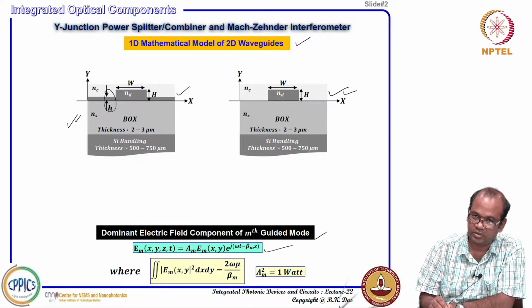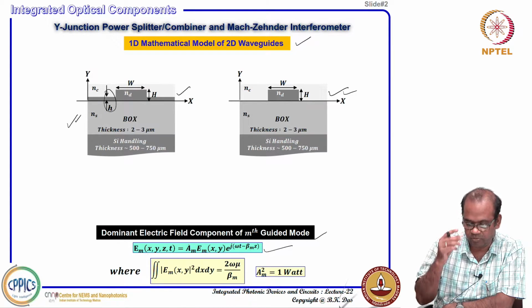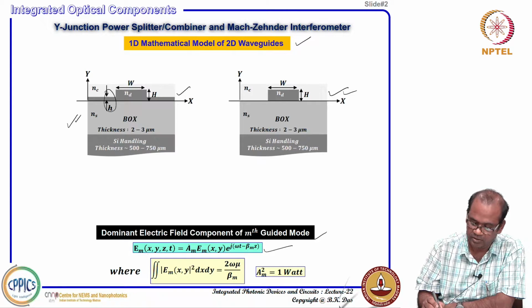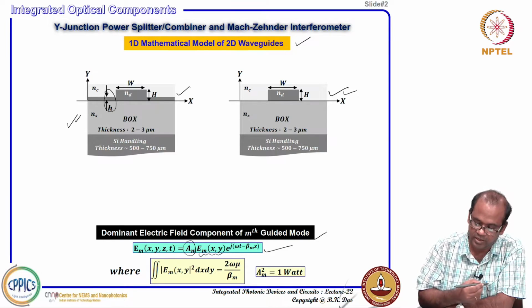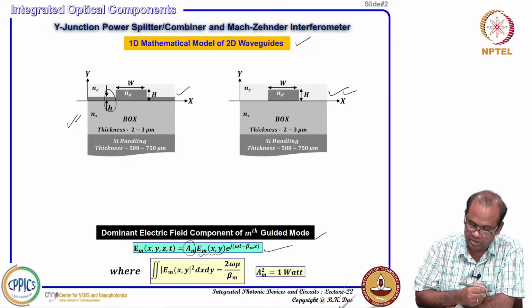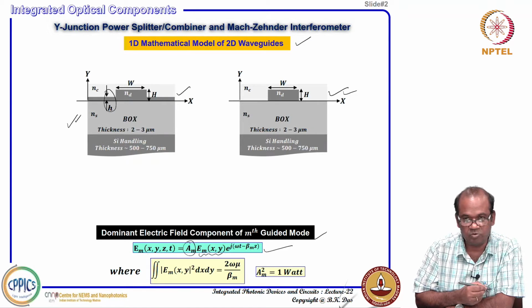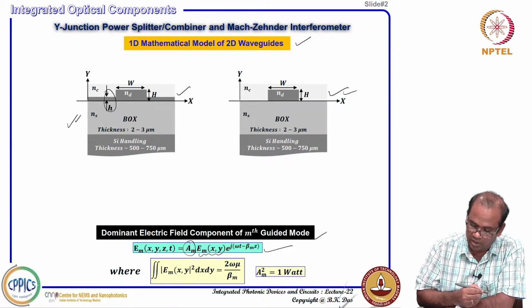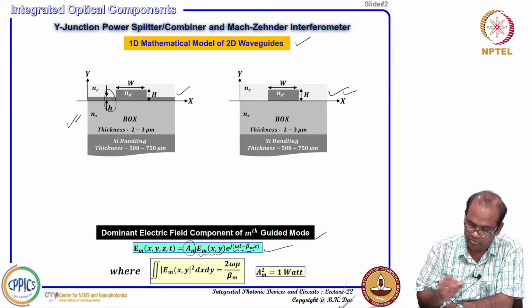If it is a monochromatic electromagnetic wave propagating along the waveguide axis in the z direction, then you have an amplitude Am and the dominant electric field distribution, which may be either in the x direction or y direction. We will consider that depending on the TE-like mode or TM-like mode, and then your phase term will be there, omega t minus beta m z; the phase will change along the z direction.